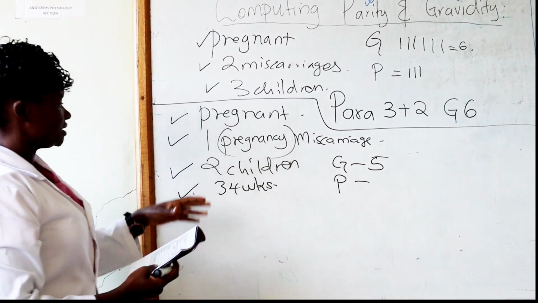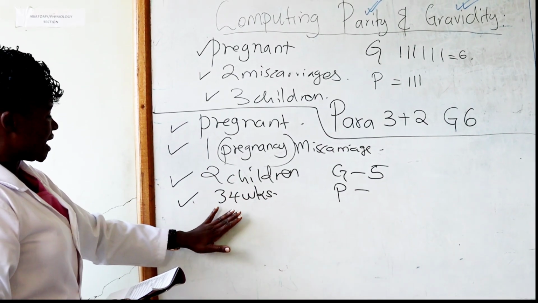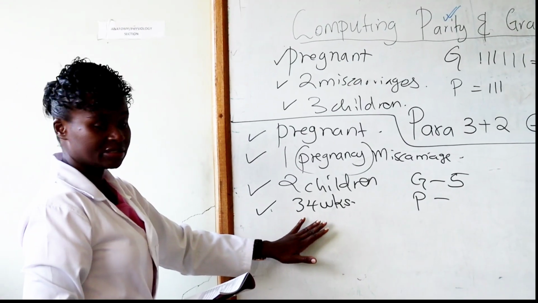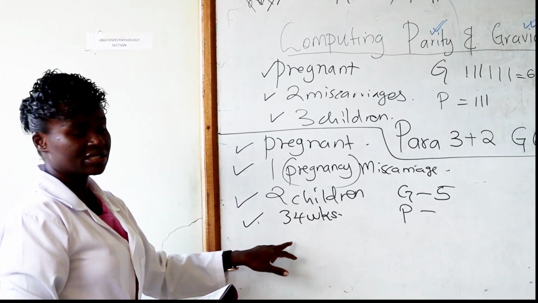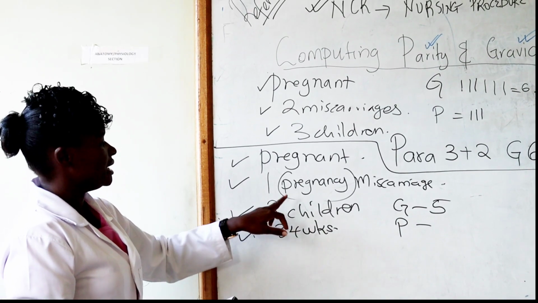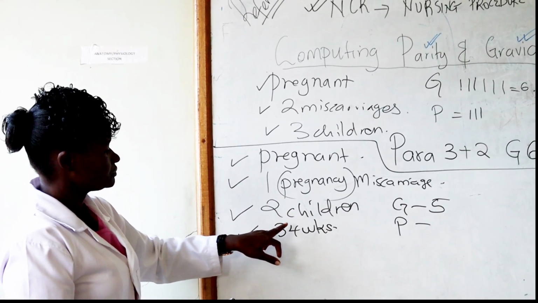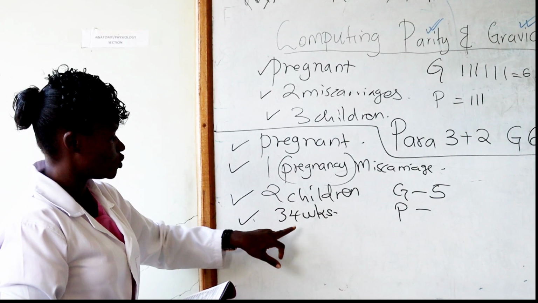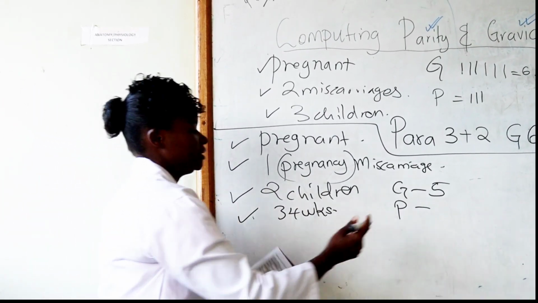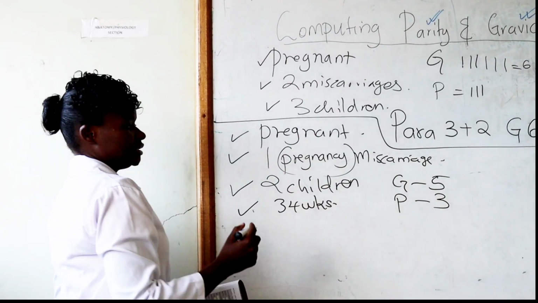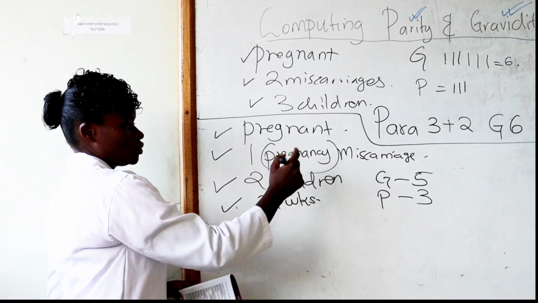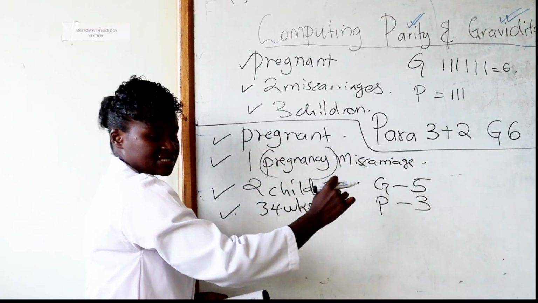We have 1 child that was born dead at delivery at 34 weeks gestation, so this is 1, plus 2 children back at home. So 1, 2, 3. Are we together? Then she lost 1 pregnancy. She had a miscarriage, so that is what we'll compute in the plus section.